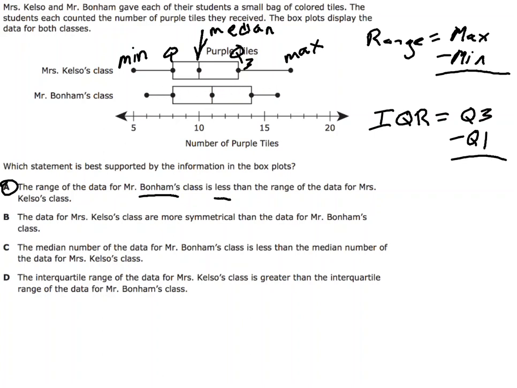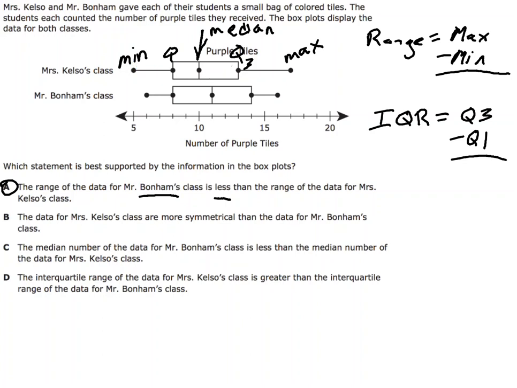We can infer that his median may be closer to his mean, whereas her median is not as close to her mean because the median is not equally spaced between the maximum and the minimum.